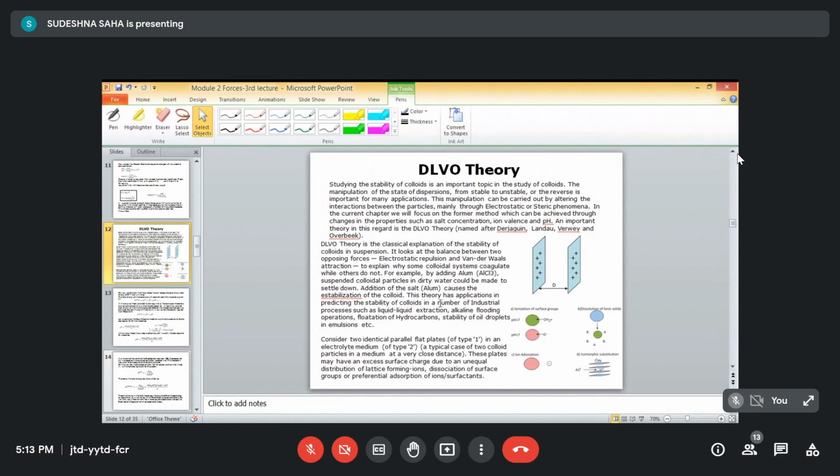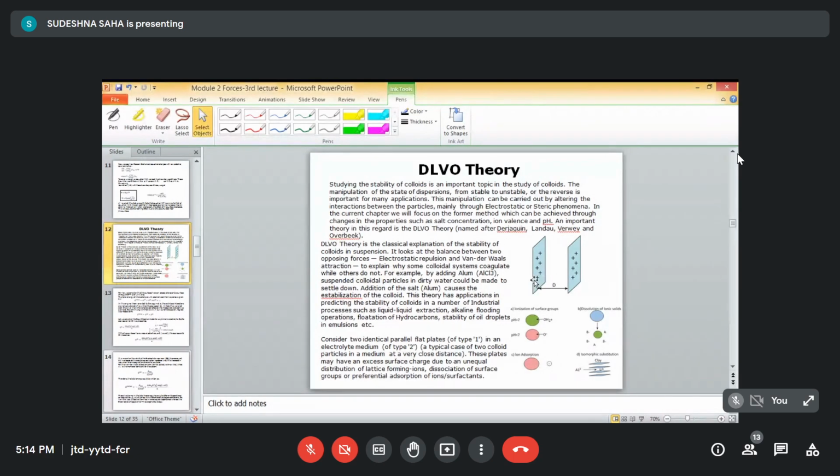Now, if you consider two parallel plates which have surface charges, and they are put in an electrolyte medium and separated by a distance d.